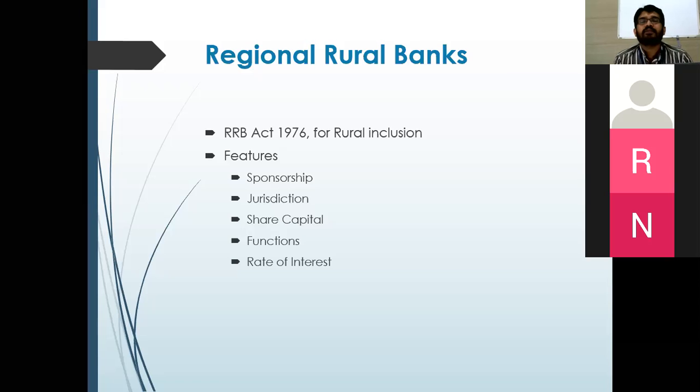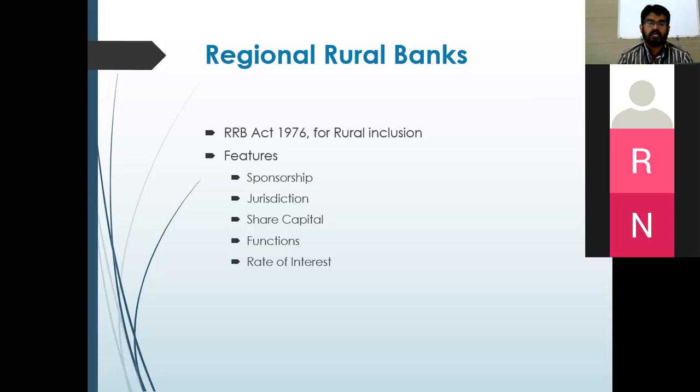Basically, these banks are set up to support small people, small entrepreneurs, marginal laborers, or farm workers with loan facilities. That is their function: to provide loans to the people in the rural areas, basically to marginal farmers, agricultural laborers, or small entrepreneurs.